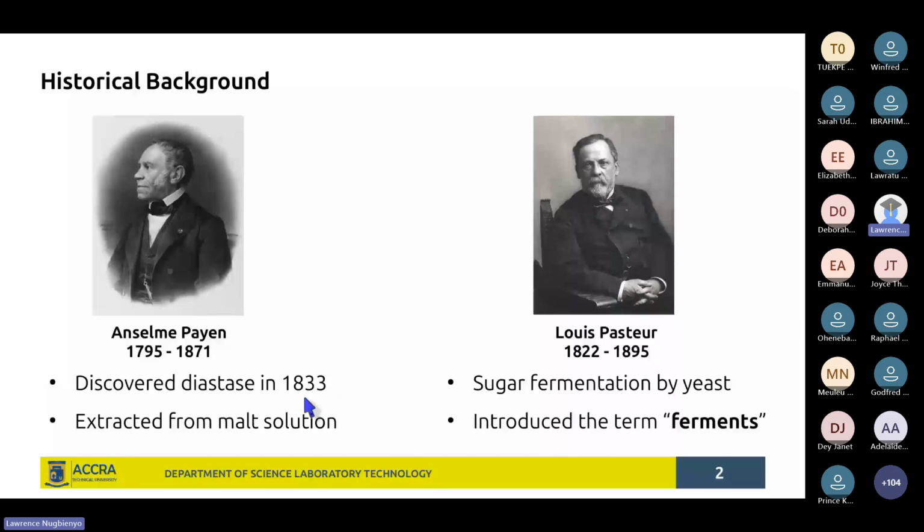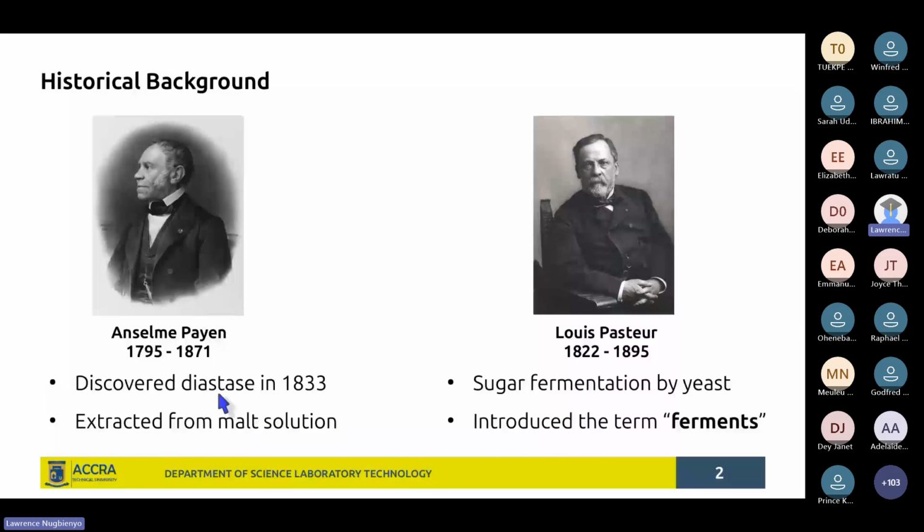Of course, today, diastase is what we are referring to as amylase. That's how it was called then, but now it can be any of the amylases. It could be an alpha amylase, beta amylase, gamma amylase. All of these, the group of amylases, is what was being referred to at the time as diastase.